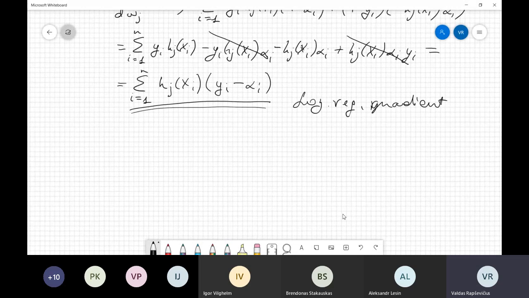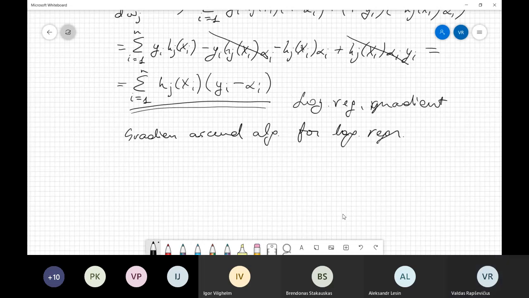Okay, so now the logistic regression algorithm, one of the options could be like this, right? Since we need to maximize, this would be the gradient ascent algorithm for logistic regression.